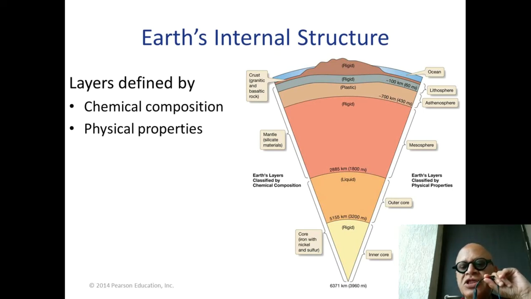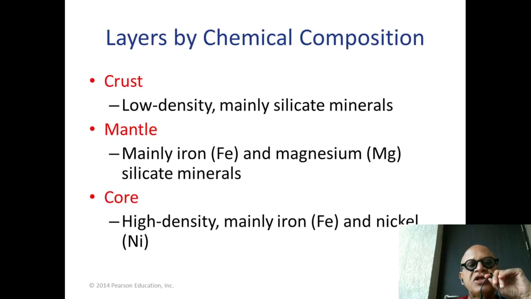So you can think of this three-structured internal Earth's structure here as core, with the inner and outer core, mantle, which goes all the way to the bottom of the crust, and then you have the crust, right? So the layers by chemical composition: crust is low density.